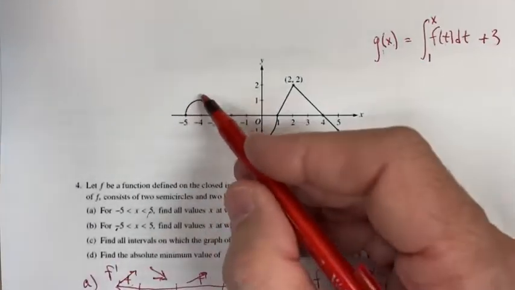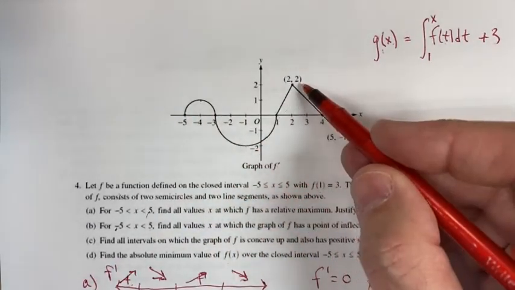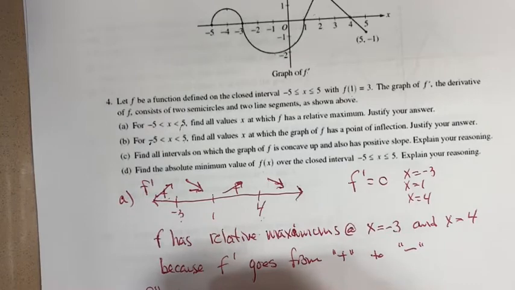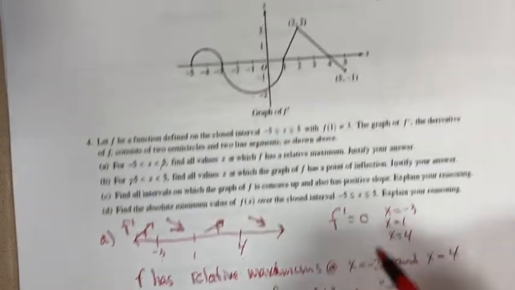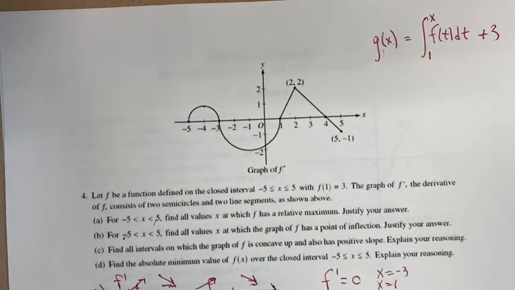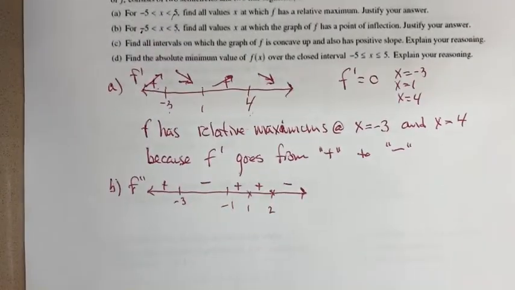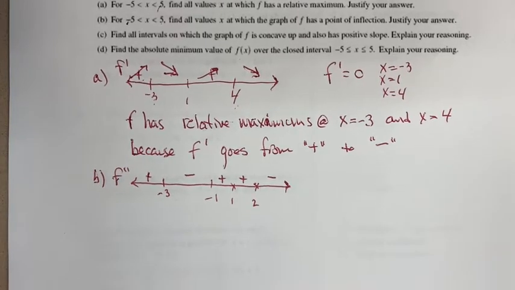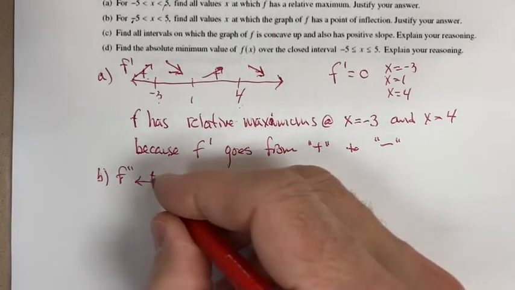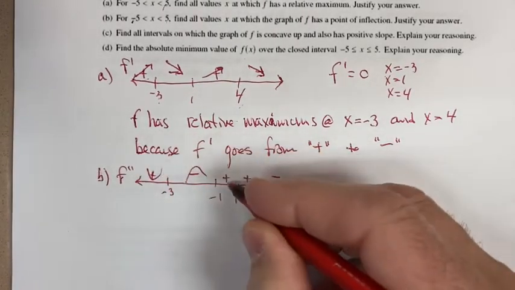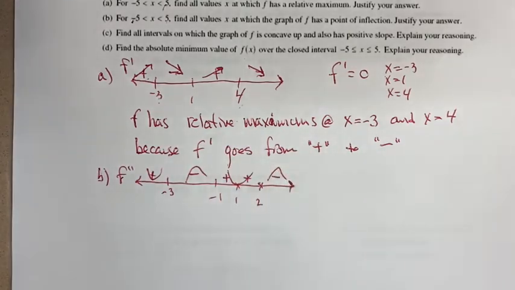But the slope of f prime is positive, then negative, then positive, then negative. From -1, it's positive to 1, positive from 1 to 2, and then negative after 2 to 5. That means f is concave up, concave down, concave up, and concave down.